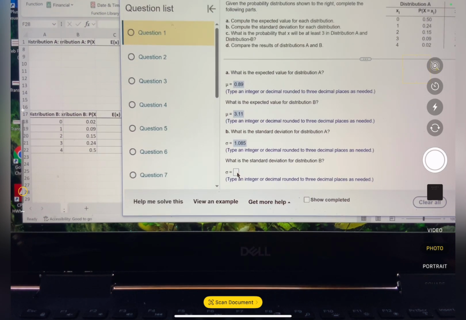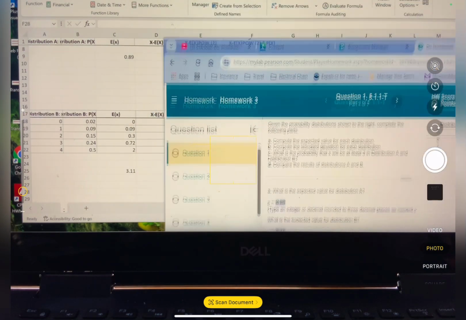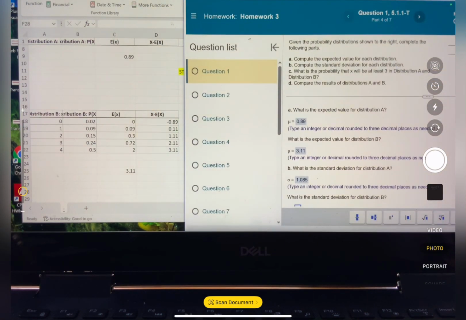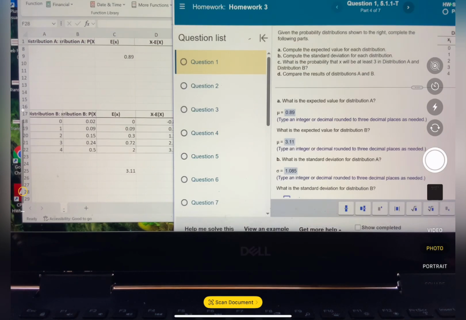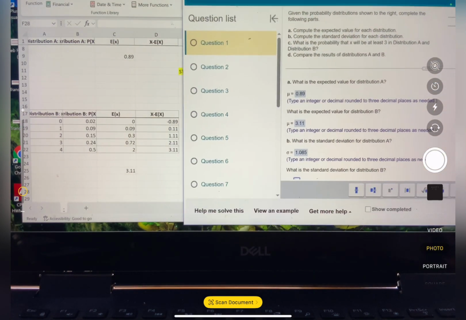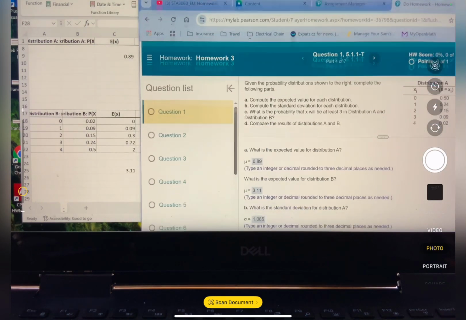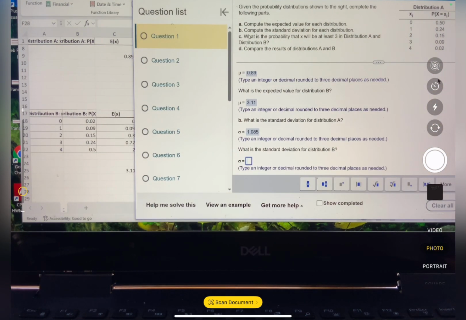I'm going to put sigma, standard deviation. Where is my standard deviation? 3.11. No, that's not the standard deviation. 2.471. 2.471.